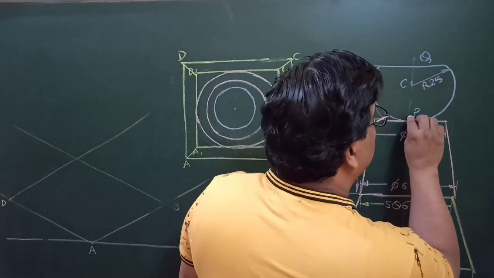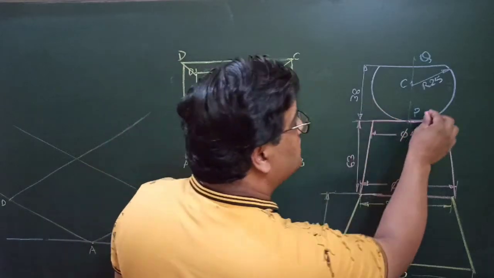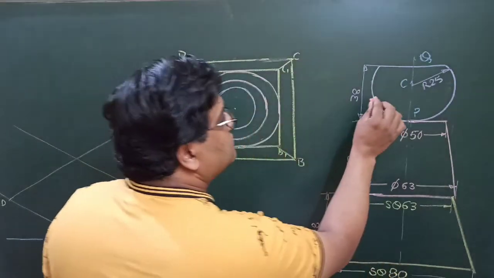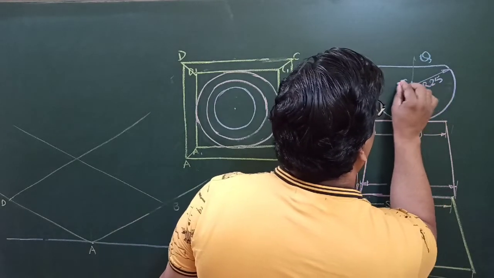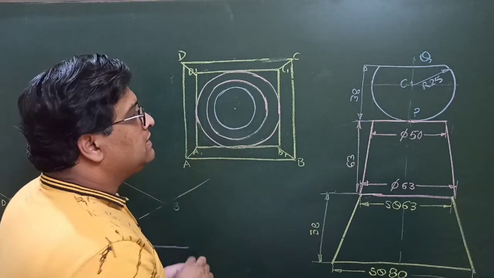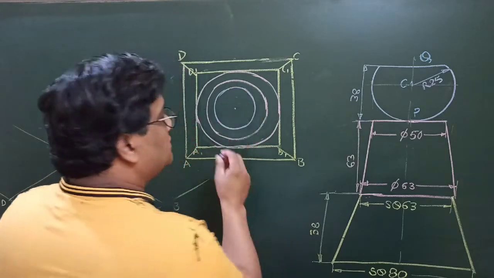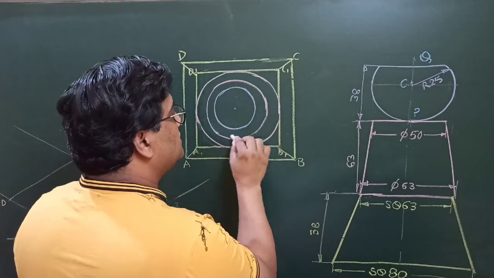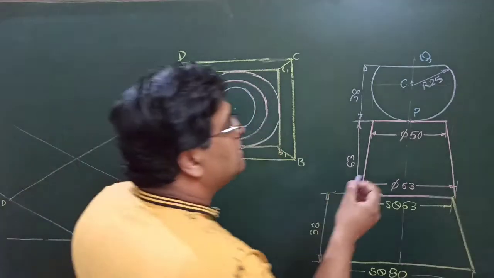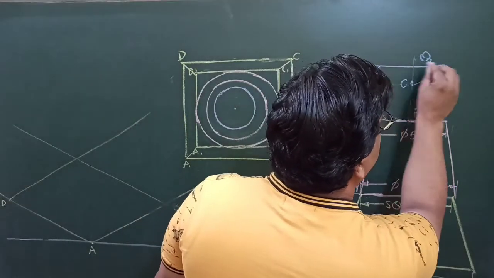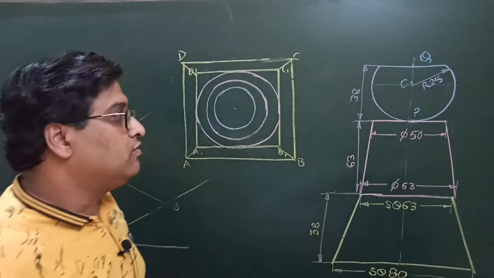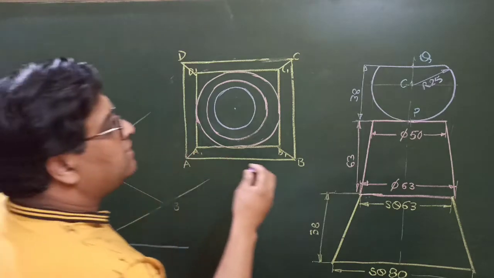On the top face of this conical part, we have a spherical part where this sphere has a diameter of 50 mm. This 50 mm is coinciding with this pink color diameter. We can draw it here also, and the diameter of the top face has to be found out. So how will we find it out?